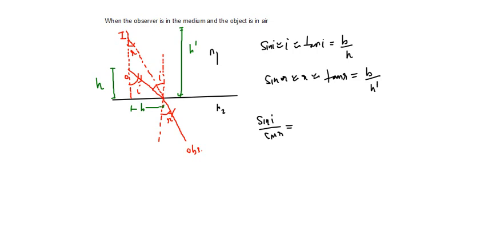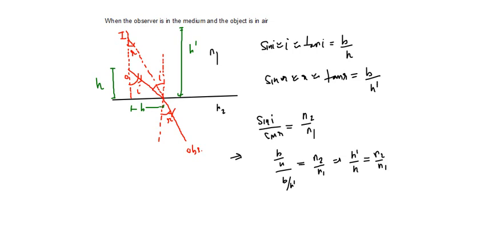Now the ray is traveling from n1 to n2, so it should be n2 by n1, so implies sin i would be b by h, and sin r is b by h dash, equal to, so implies b b get cancelled, h dash by h is equal to n2 by n1.